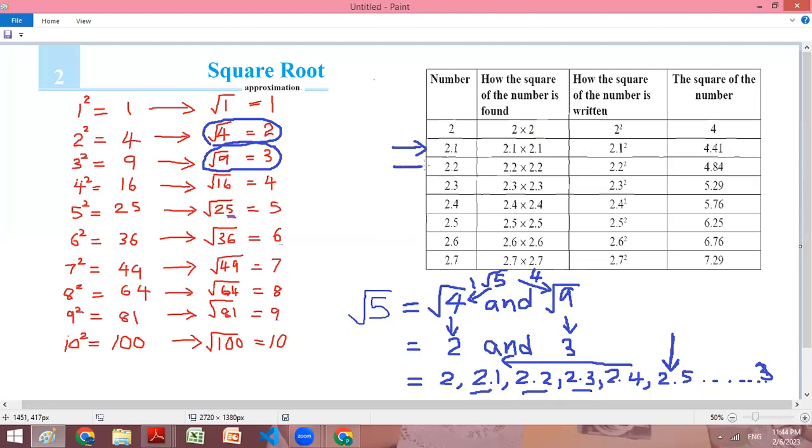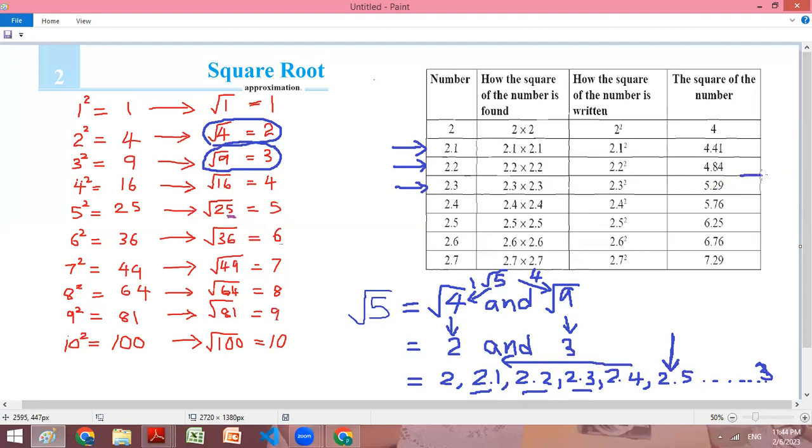Then we find the next one, 2.2, our second guess number. 2.2 into 2.2 is 4.84. Now, very close to 5. Then we want to find another nearby number, 2.3. 2.3 into 2.3 is 5.29.